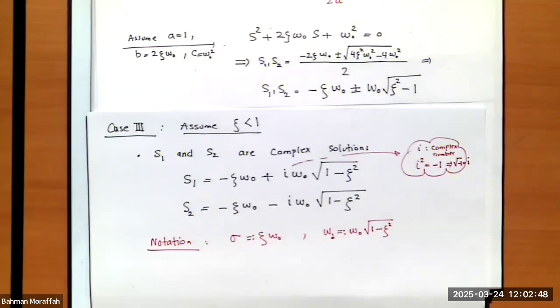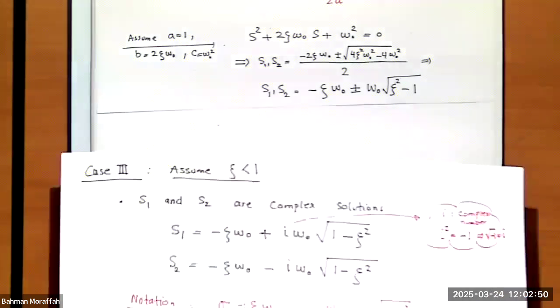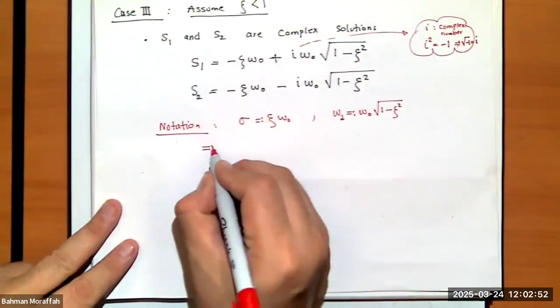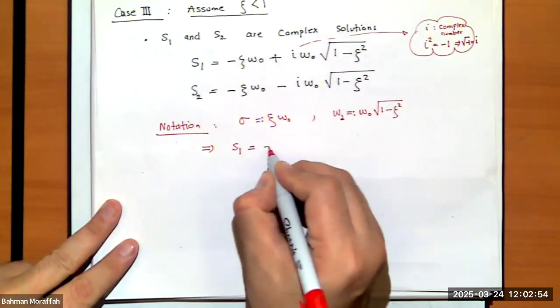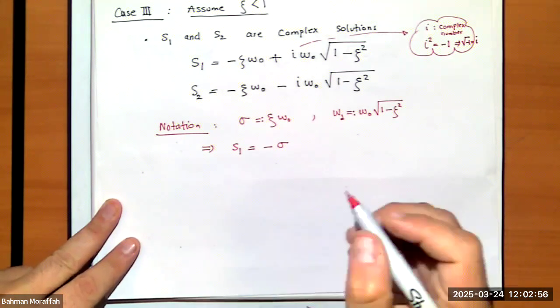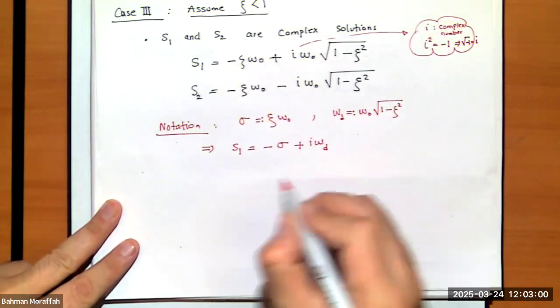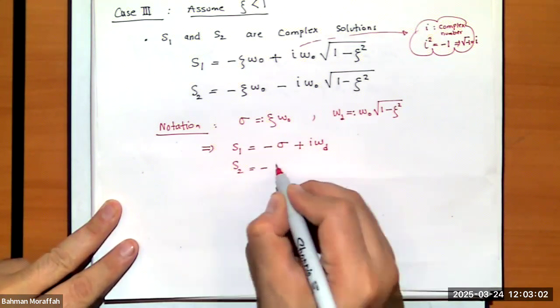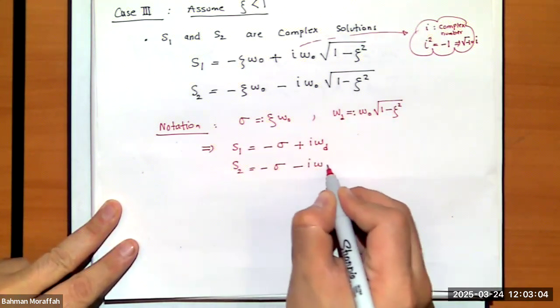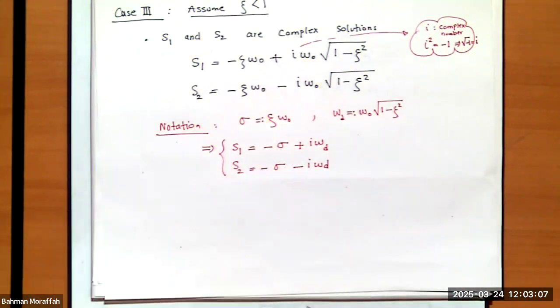Therefore, given this notation, I can define S1 to be minus sigma plus i omega d, and S2 minus sigma minus i omega d. I'm just doing it because I don't want to keep writing that long equation, right?